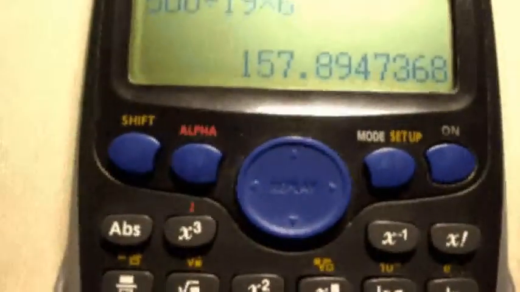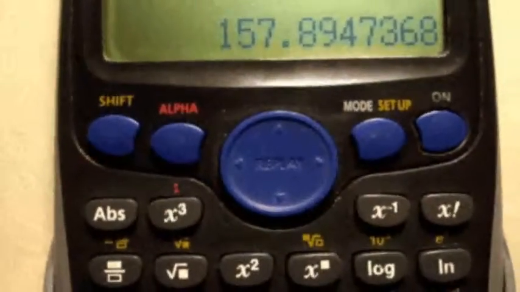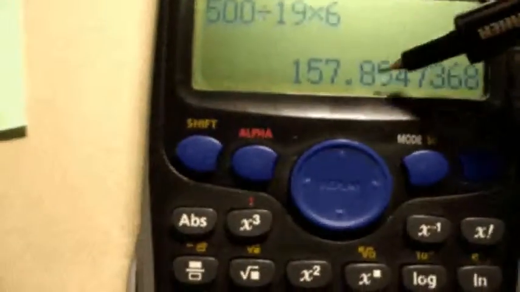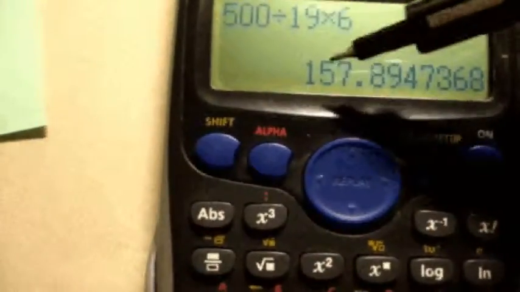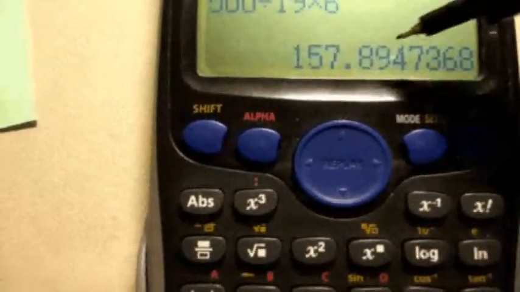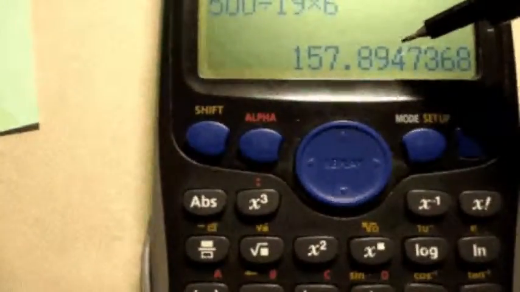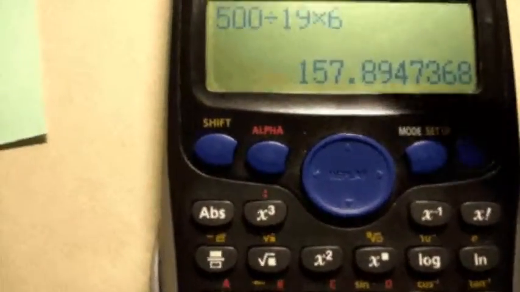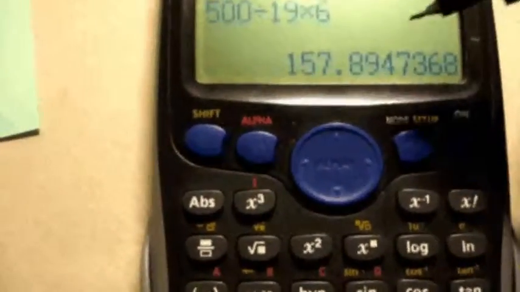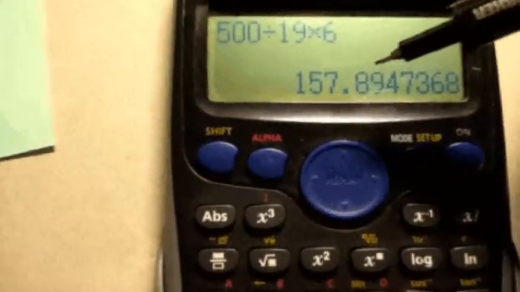The question has stated to round off the answer to the nearest 2 decimal places. So we take these 2 decimal places, 8, 9. So the answer will be 157.89 and not round up to 90, because if the following number is 4 or less, we round down, and if 5 or above, we round up. So the answer is 157.89.